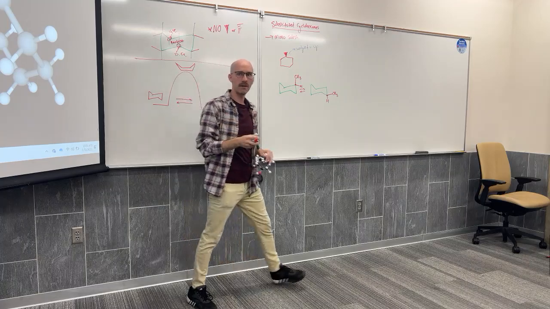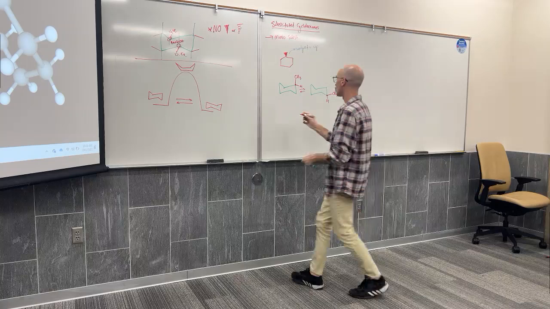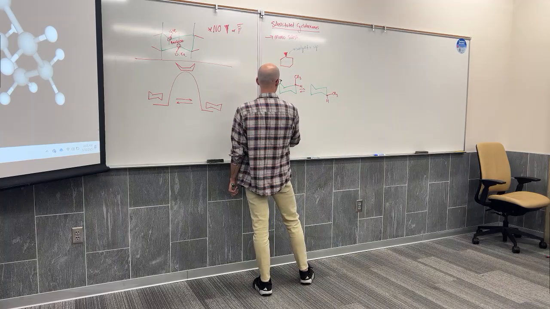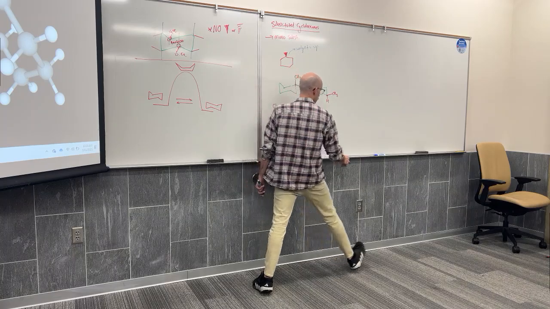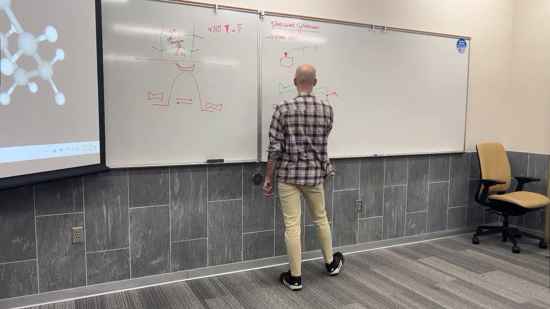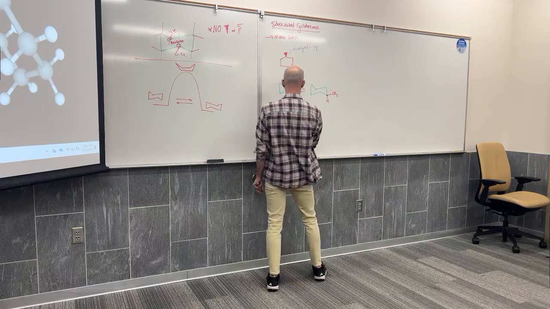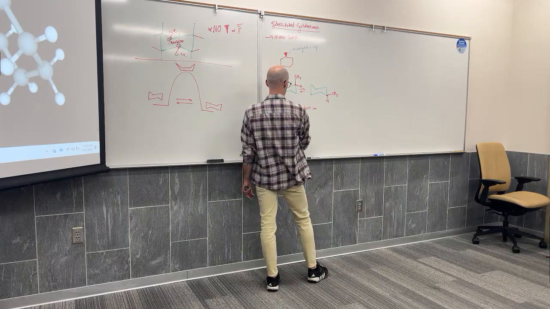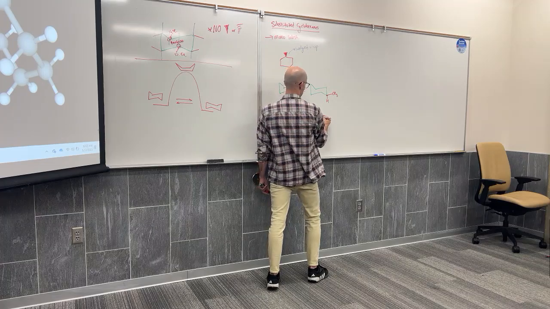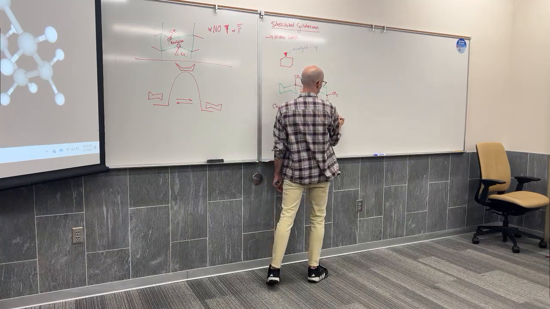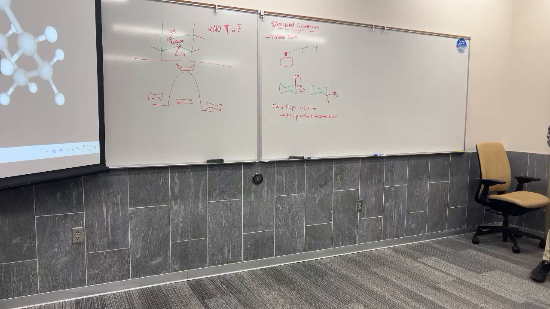So here's what happens between chair conformations. We call these chair flips. Chair flips result in all up carbons becoming down, and vice versa.